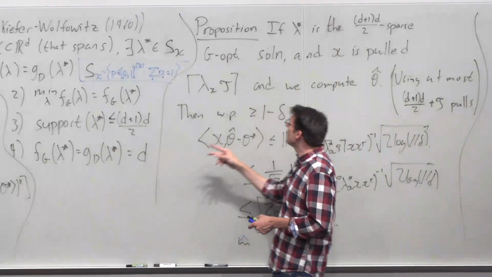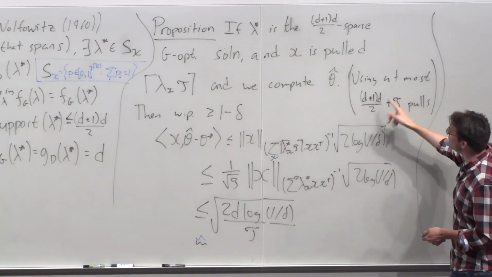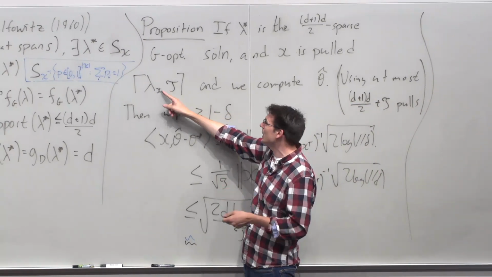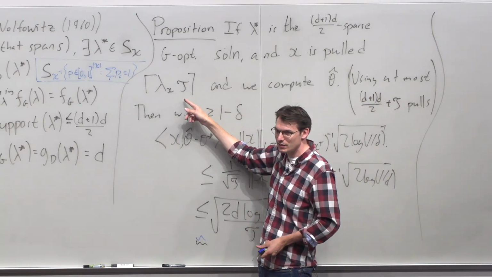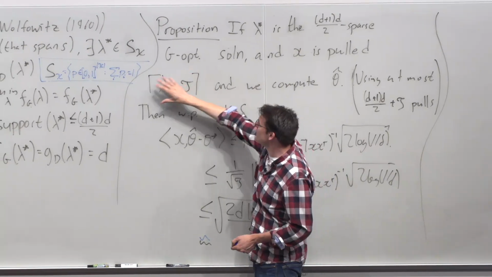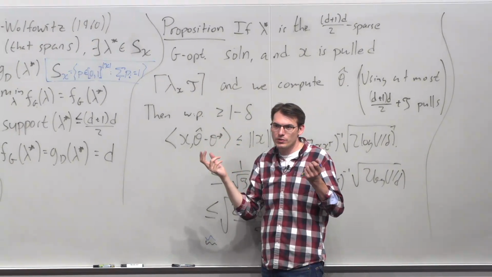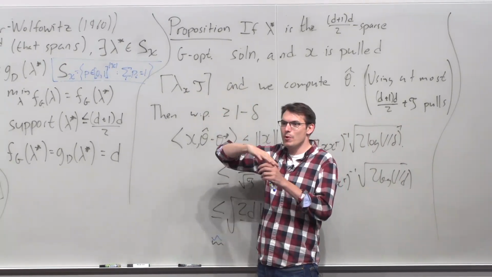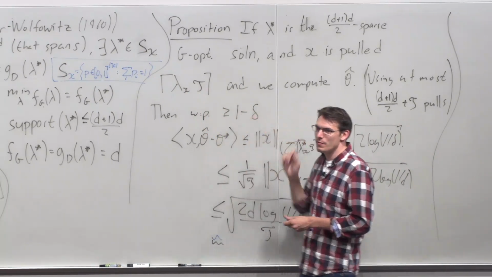And it takes a value of d. And so if I round it, because I'm taking the ceiling, I'm pulling arm x lambda x times tau times the ceiling of this. So if I didn't have the ceiling, I'd take at most tau pulls. But because these may not be integers, I incur at most 1. And so it's going to be at most d plus 1 times d over 2.